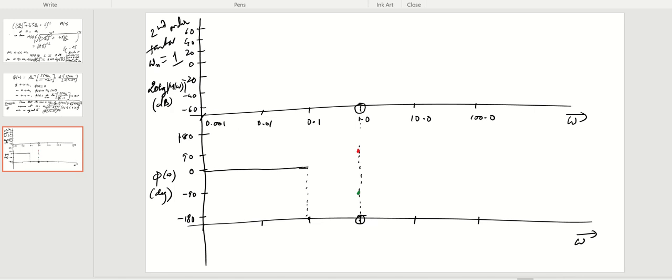And use the red line here. So that's the high frequency for the zero, and the green one, that's the one for the pole. Let me just join this.